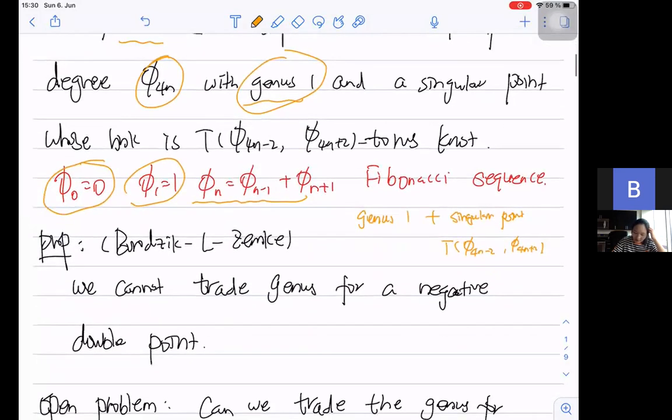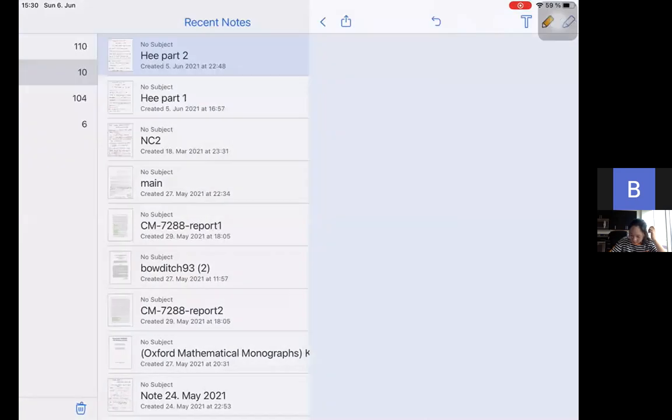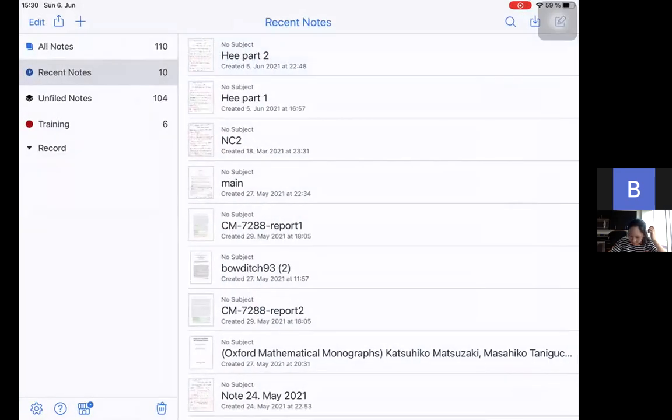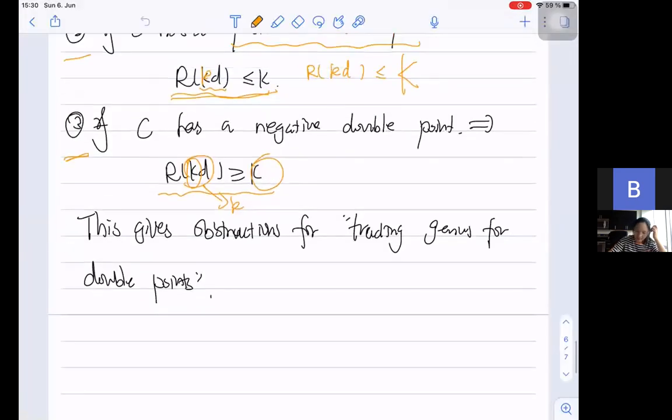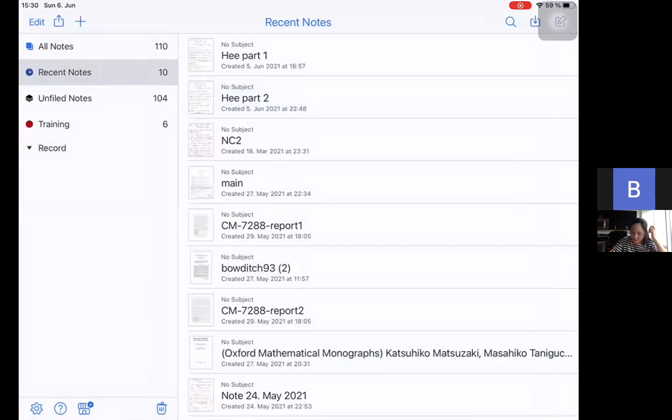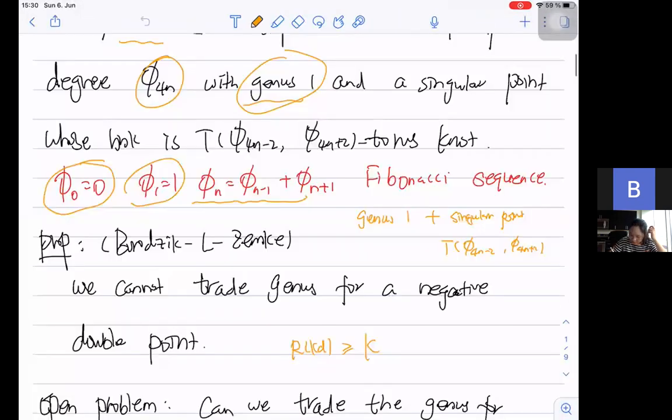So in a joint work with Marco and Ian, we find that we cannot trade the genus for negative double points. The way we find this obstruction is using this inequality, R_KD is greater than or equal to k, if I remember the obstructions clearly. We just need to find suitable values for small k such that this inequality is not satisfied.